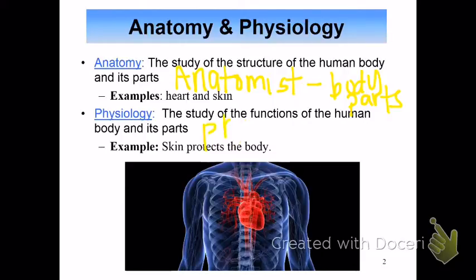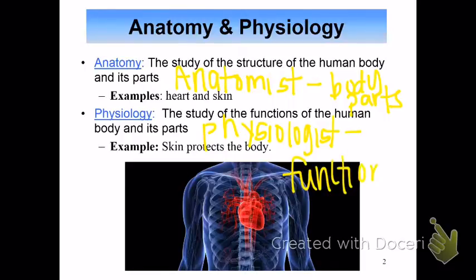Oh man, I spelled that wrong. Okay, there we go. And anytime I'm writing with my index finger, so be patient with me. A physiologist always studies function, because I write that in, and I'll give you a hint. Anything I write in, you're probably going to see again.